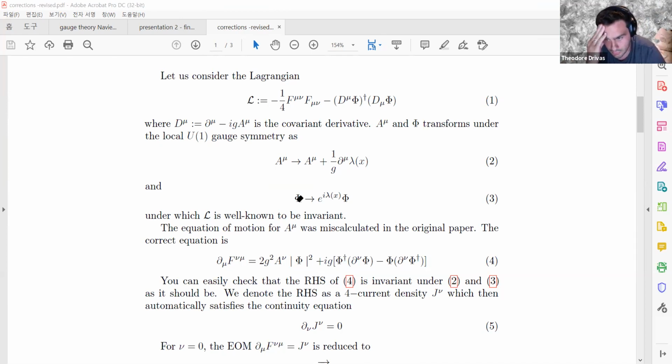Phi transforms as 3, and it is very well known that the covariant derivative of phi transforms the same as phi. The covariant derivative capital D mu has been constructed in order to make D mu phi transform exactly the same as formula 3.